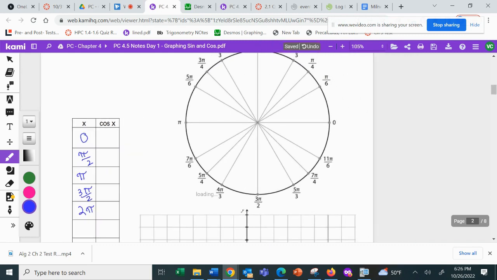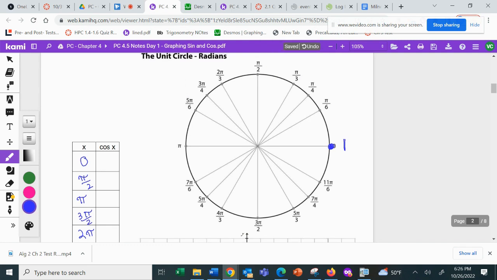So at 0, our cosine is the x value 1. At pi over 2, the cosine is the x value 0. At pi, the cosine is -1. At 3 pi over 2, cosine is 0. And then back again at 2 pi, we have a 1 again. So this starts at 1, 0, -1, 0, back to 1.